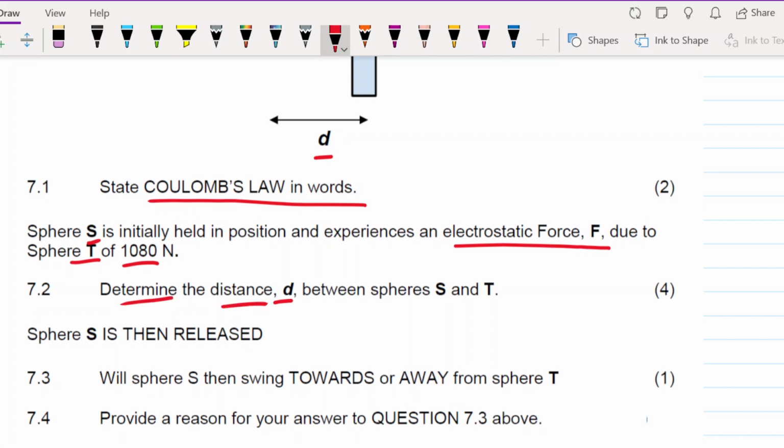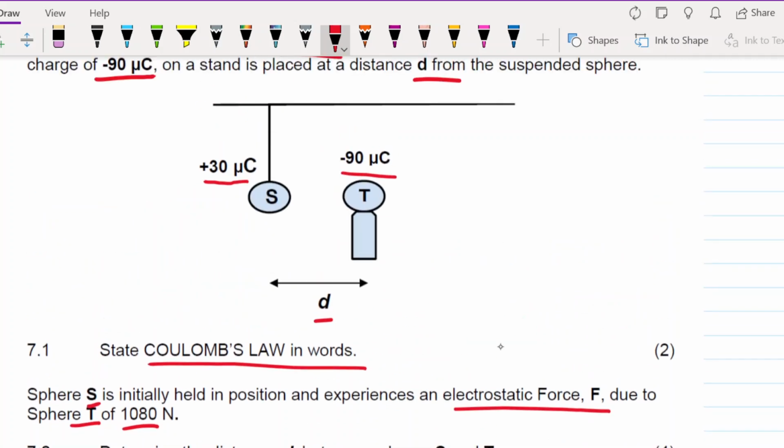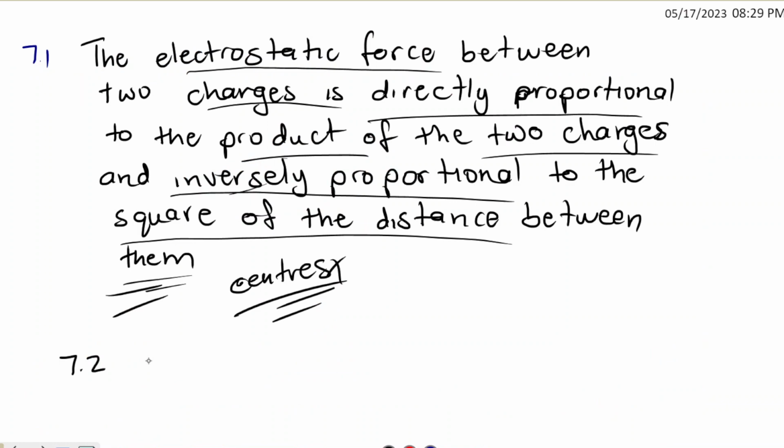Determine the distance d between sphere S and T. So there is a force between these two, which is 1080 newtons. So let's find the distance d. That's 7.2.